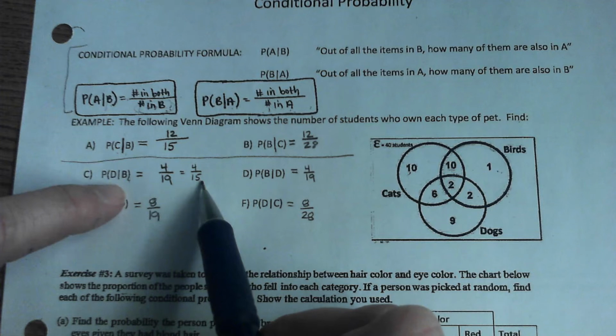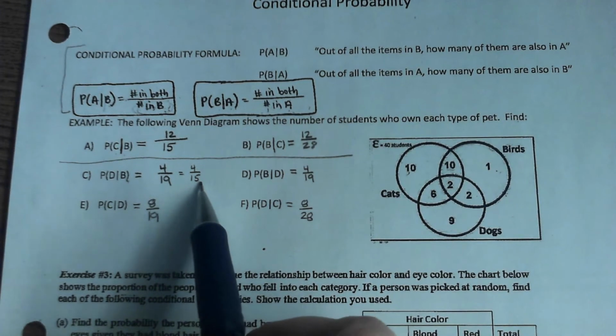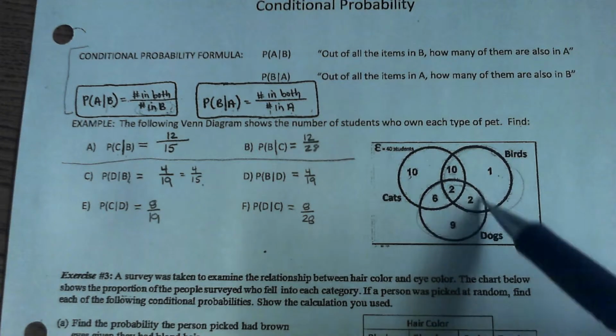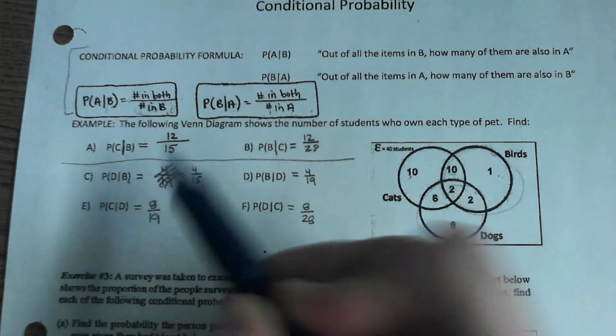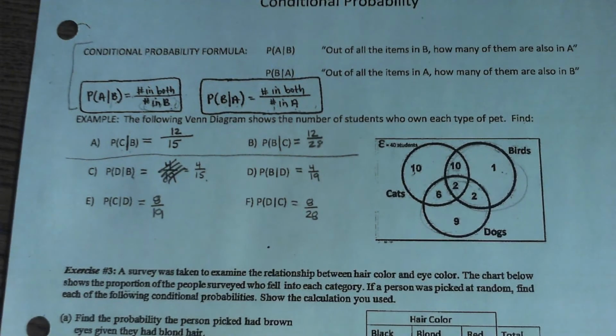And then how many people own both the dogs and the birds? That would be the overlap between here and here. And there are 4 of those. So 4/15 is correct. Anybody have a different answer than the other 3 that are up there for parts D, E, or F? So we all agree with D, E, and F.